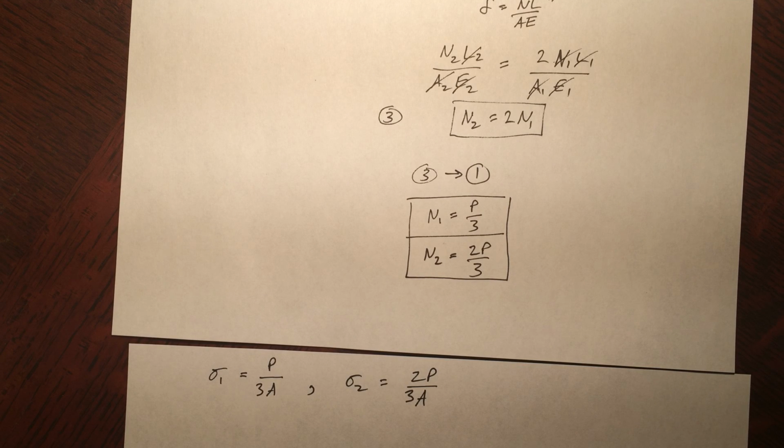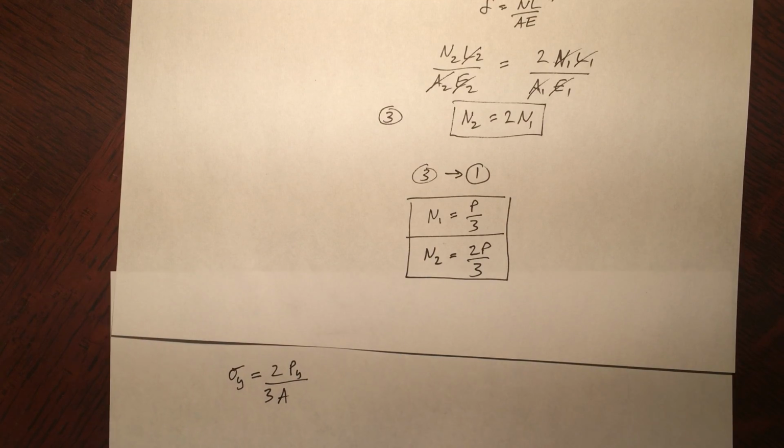Stresses. So the one with the greatest stress will yield first. So that's going to be this guy here. It takes the greater component of it because it's like 2/3, right? So if this is going first, if this sigma 2 is sigma yield, that means at sigma yield it must also be P yield.